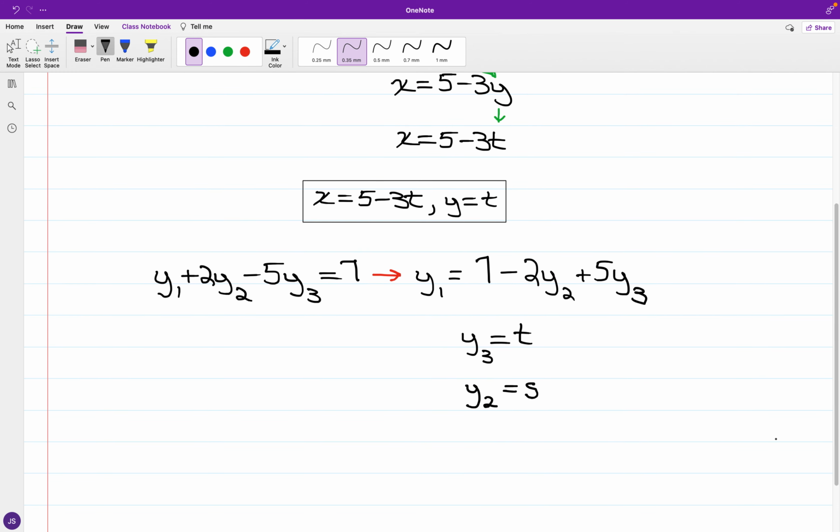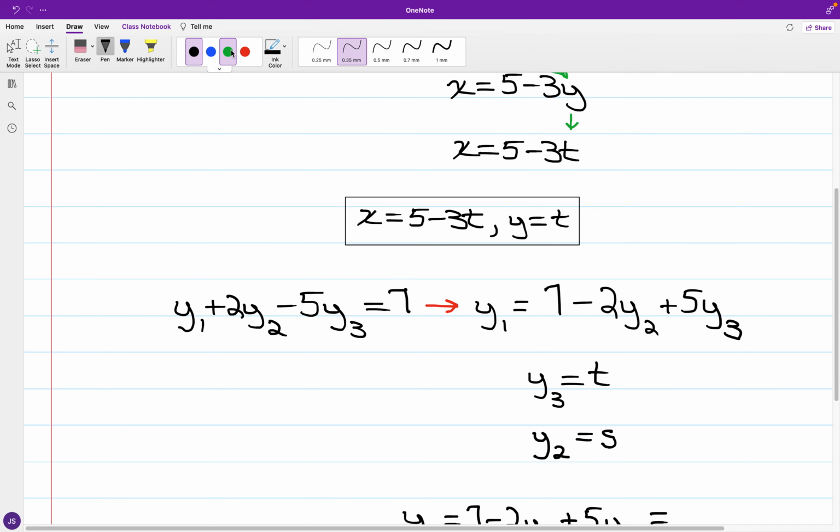Putting this in parametric terms, we had that y1 is equal to 7 minus 2 times y2 plus 5 times y3.